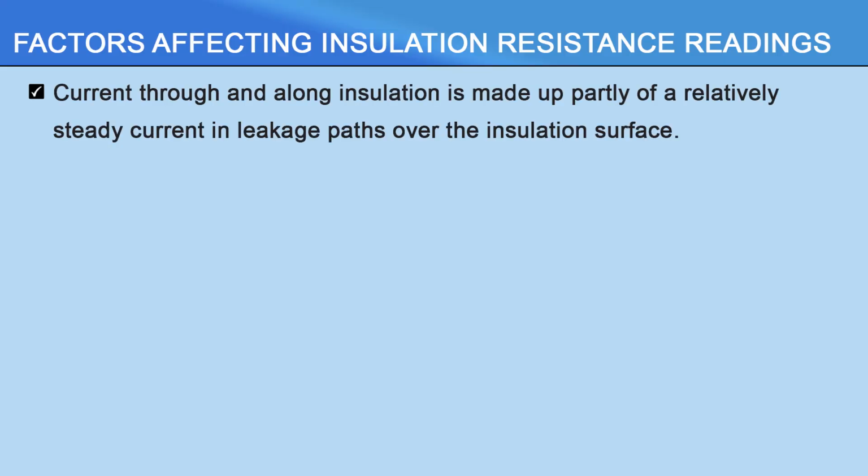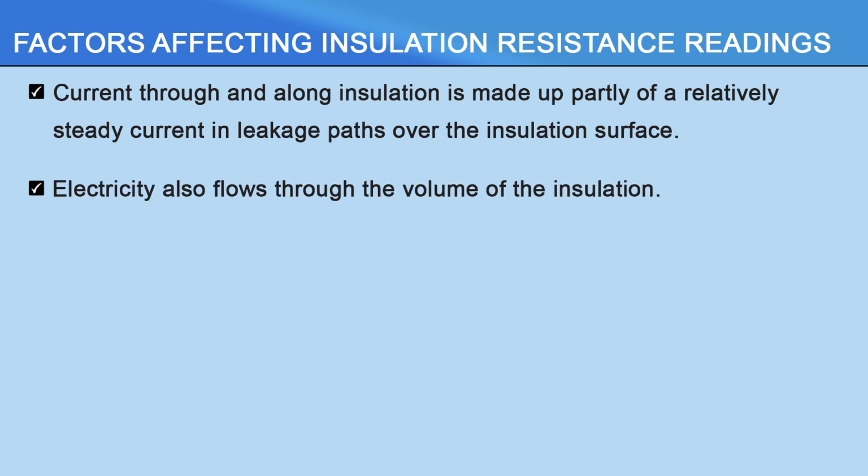Let us consider the nature of current through insulation and the effect of how long voltage is applied. Current through and along insulation is made up partly of a relatively steady current in leakage paths over the insulation surface. Electricity also flows through the volume of the insulation.